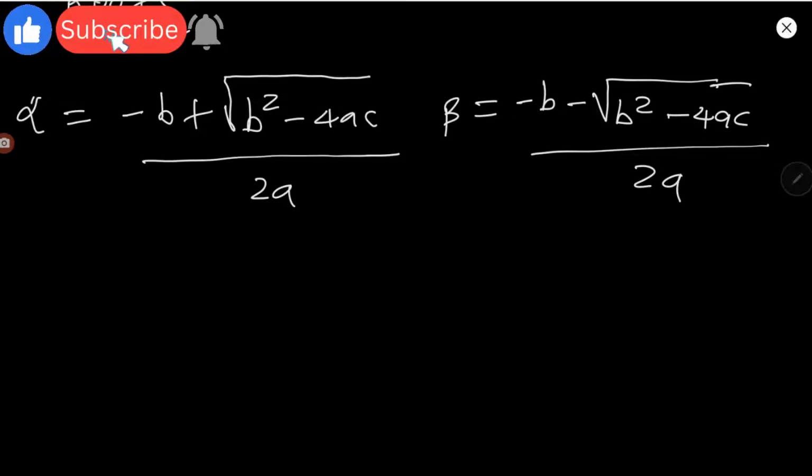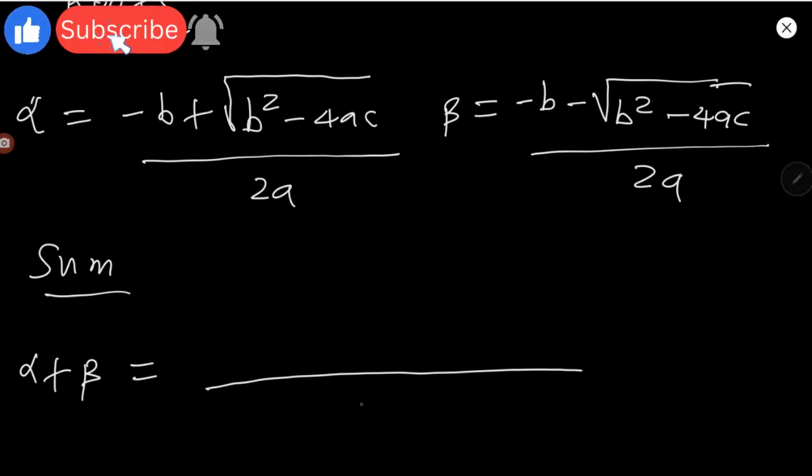The first one is to find the sum of the two roots. So the sum here will have alpha plus beta. So alpha plus beta, we're going to take the common denominator there. So we'll have 2a as the common denominator. It goes into itself once, and so we'll have the numerator, okay.